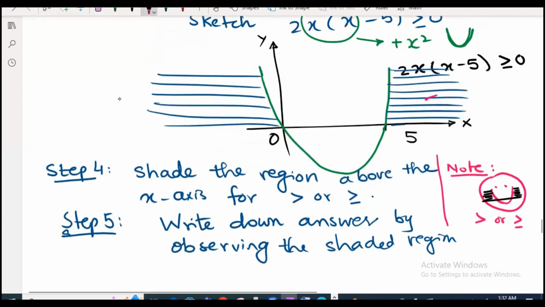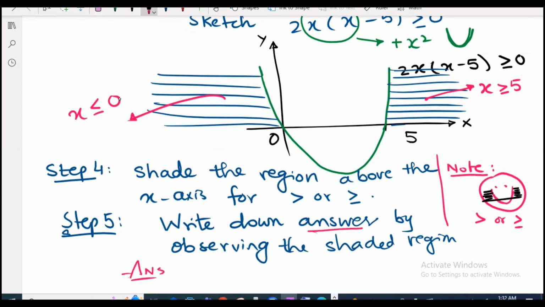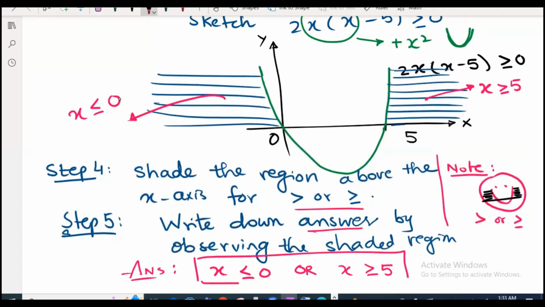This is the values x is greater than or equal to 5, and the shaded region showing x is less than or equal to 0. So the final answer will be x is less than or equal to 0 or x is greater than or equal to 5.